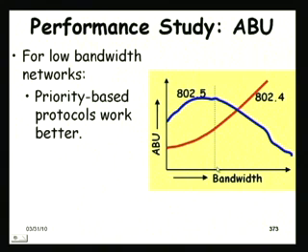So, when the bandwidth is low, see here, when it is a low bandwidth network, the priority based protocol is working better. See here, it is providing higher absolute breakdown utilization. So, that means that given a message set, the chance that none of the messages will miss their deadline is greater in 802.5, the priority protocol, and it may not meet the deadline in the bounded access protocol, that is 802.4, right.